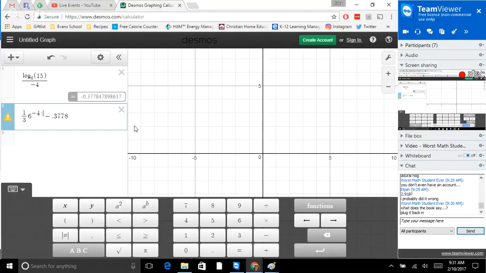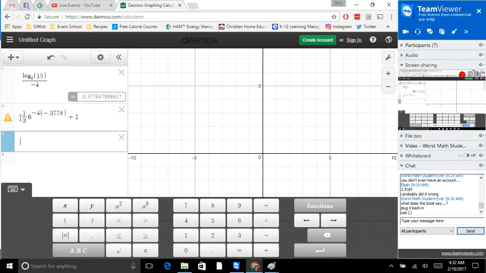It's up here in the exponent. Why won't you let me type in the exponent? There we go. Always important to make sure that you're typing your equation in right. Oh, it doesn't even like my equation.